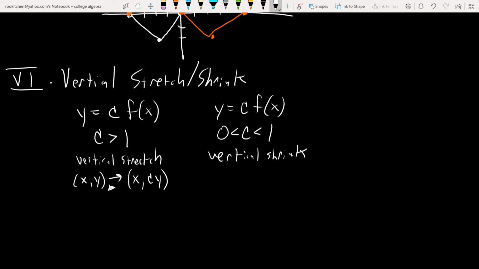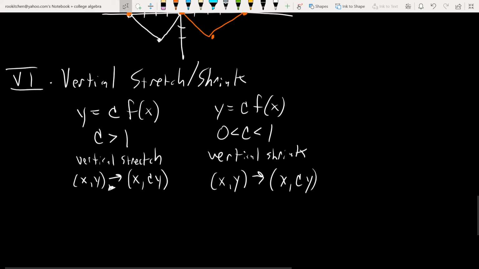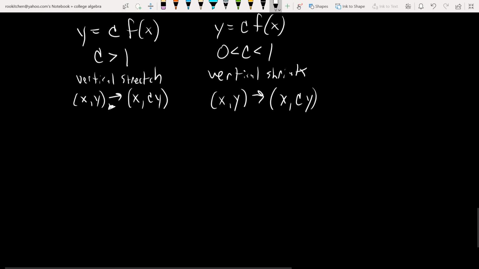Okay. And so if you begin with x comma y, it'll turn it into x comma c times y again, but now the c value will be some sort of fraction, so the y value will be decreased by a factor of c.